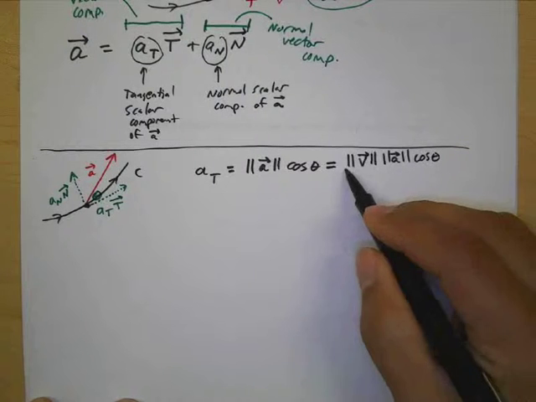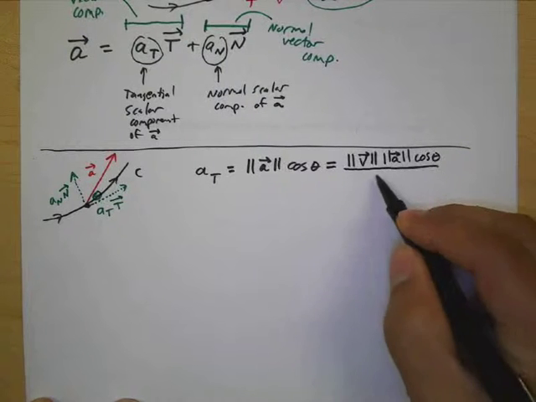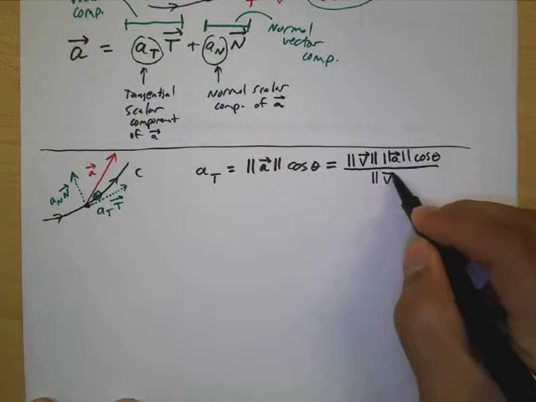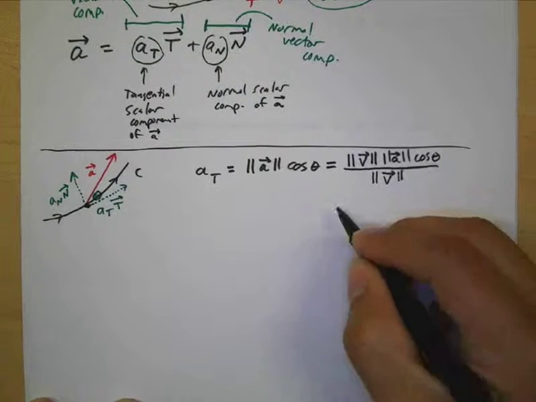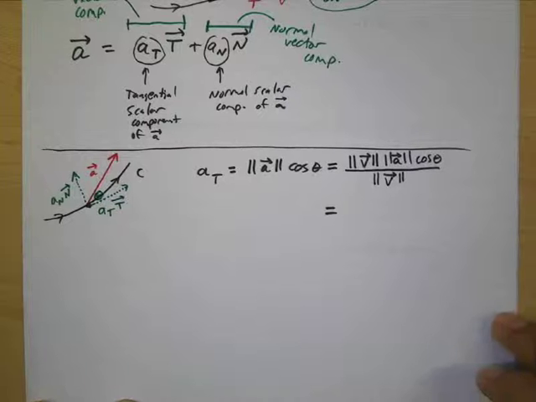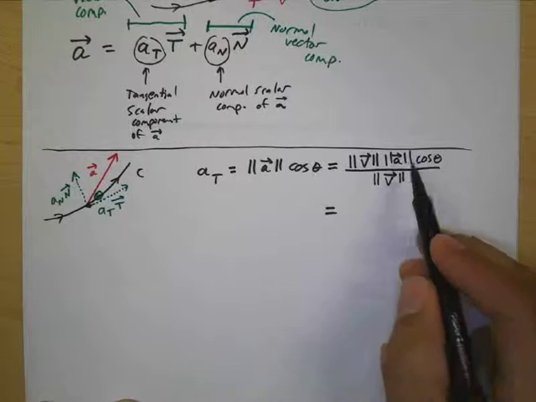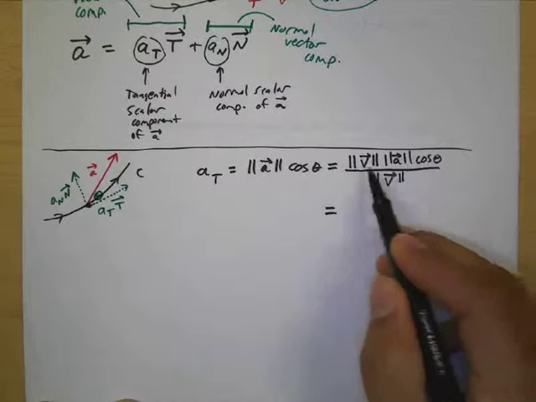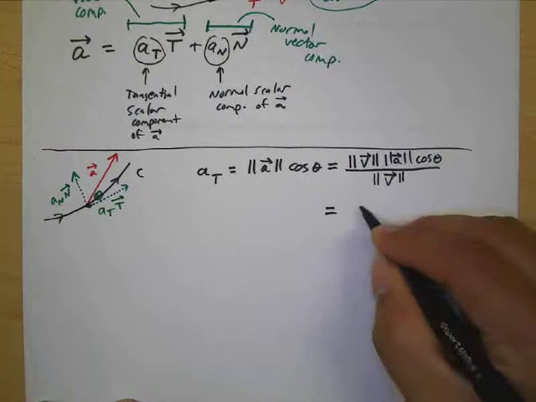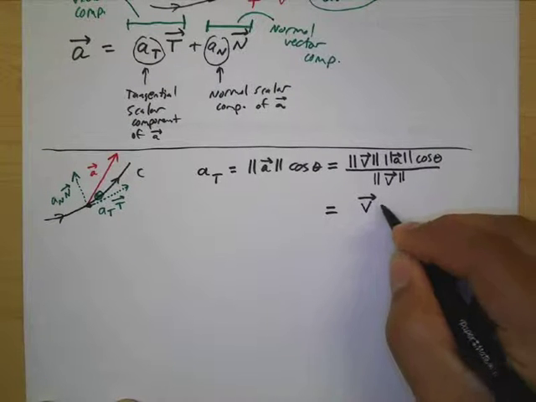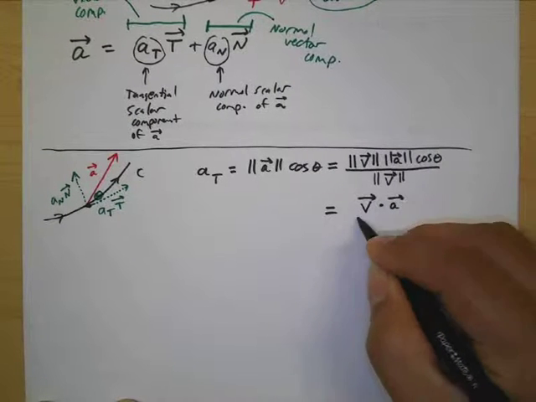But I can't just throw it in there without undoing that, right? That's why I did that. This formula now is simply the dot product of v dot a over magnitude v.